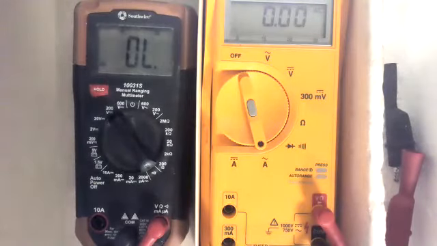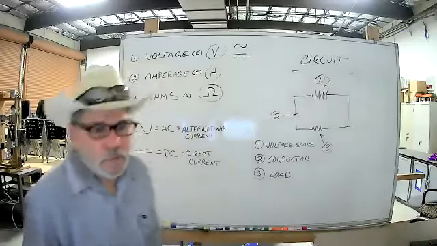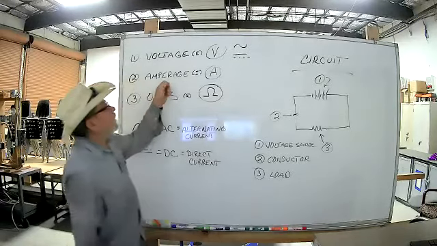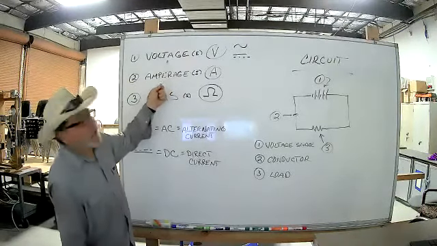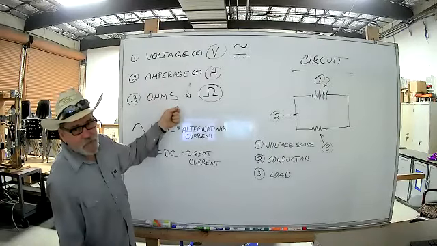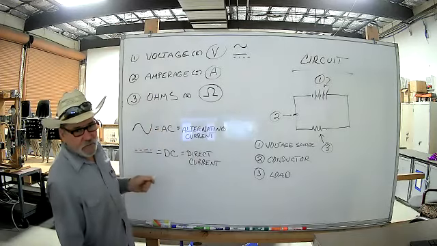Anyway, okay, so let's get back to here. You guys should know, voltage is electrical pressure. It's a measurement of electrical pressure. Amperage, a measurement of current flow. And ohms is a measurement of resistance.